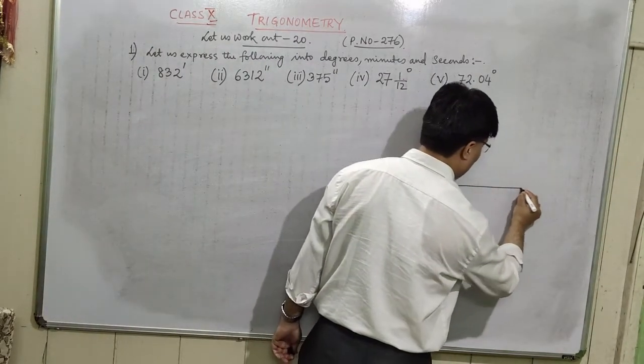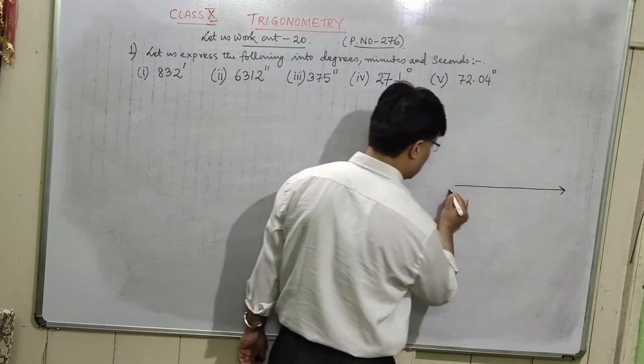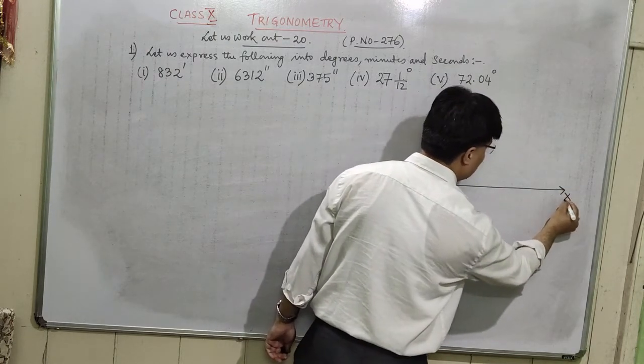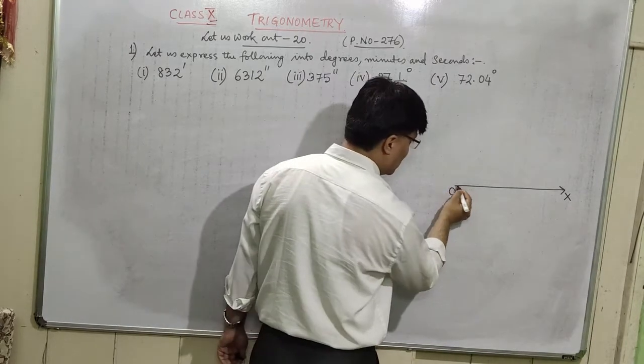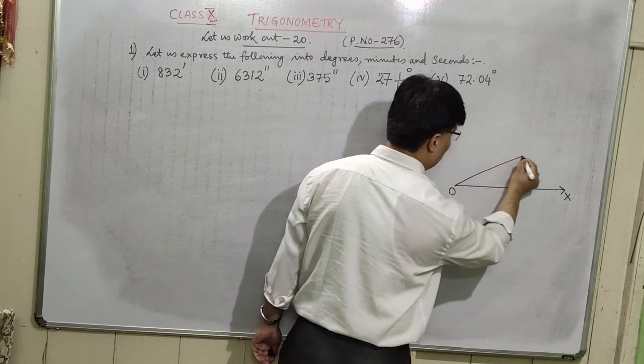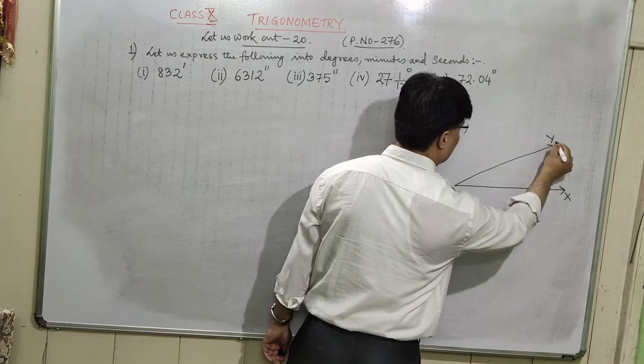Suppose this is a revolving line. Suppose it revolves and traces out an angle XOY.